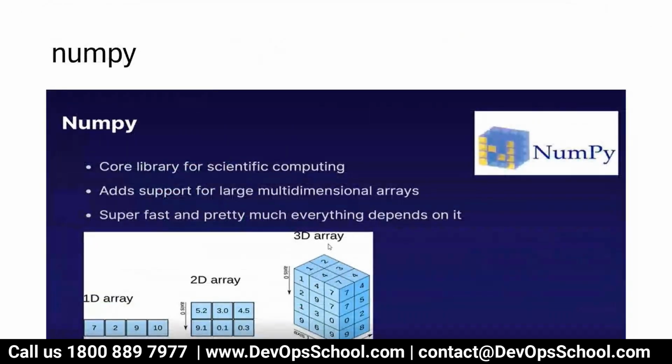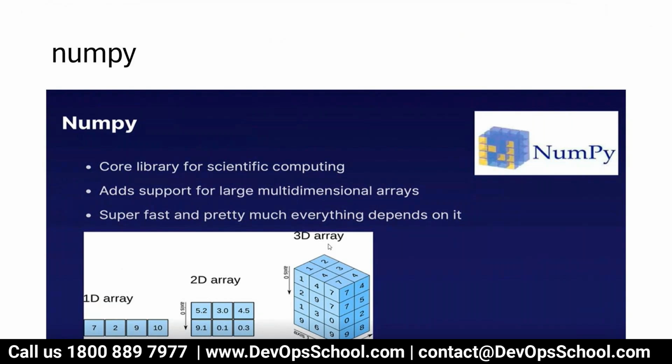Now coming back to the libraries we use in the notebook to explore the data. There are hundreds of libraries available in the market right now, growing every week actually. But some of the libraries are very popular in the machine learning domain, and one of these is NumPy. NumPy is a core library for scientific computing.